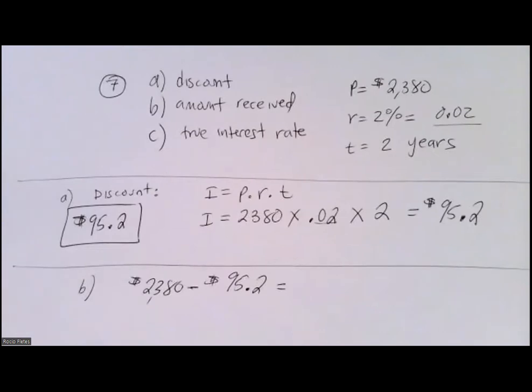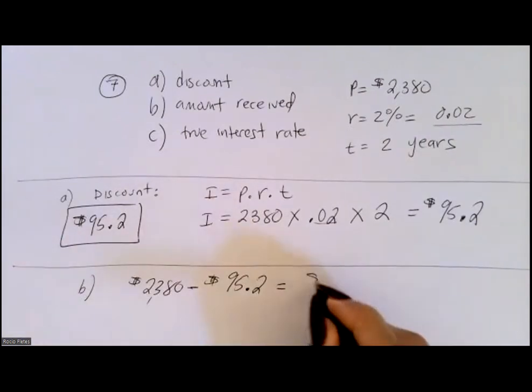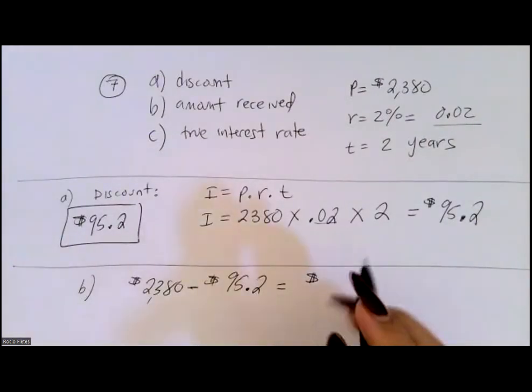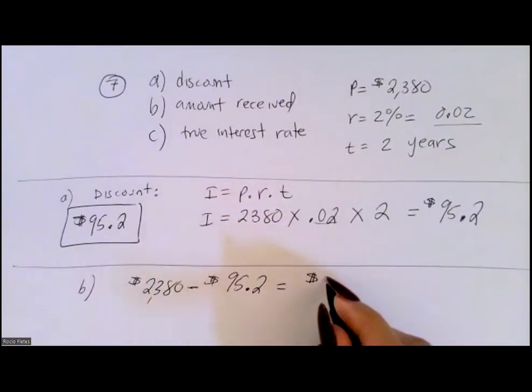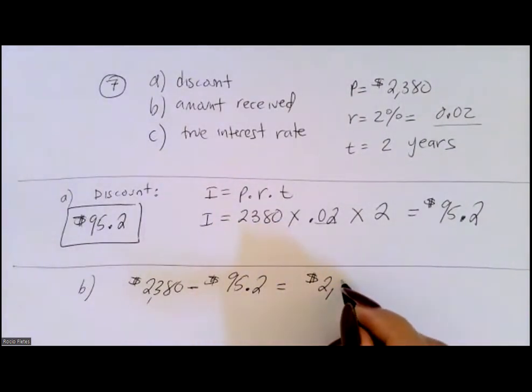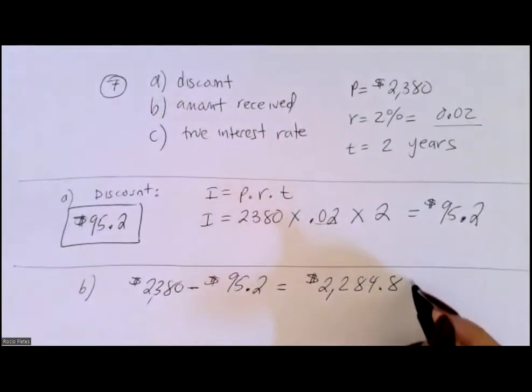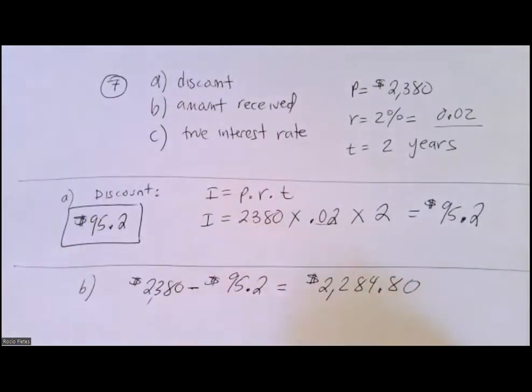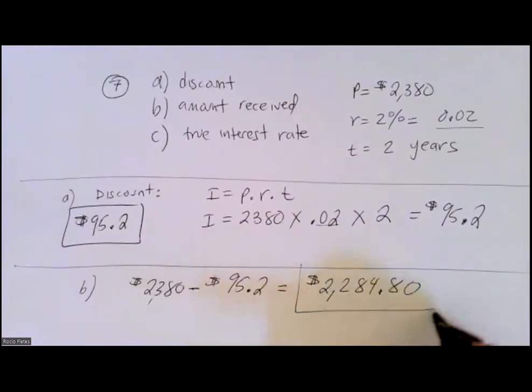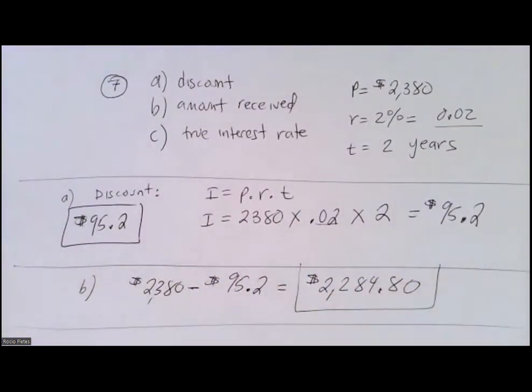Think of it as they're charging the interest ahead of time, and they're only lending 2,284.80 to the person. So this is the amount received, the 2,284.80.